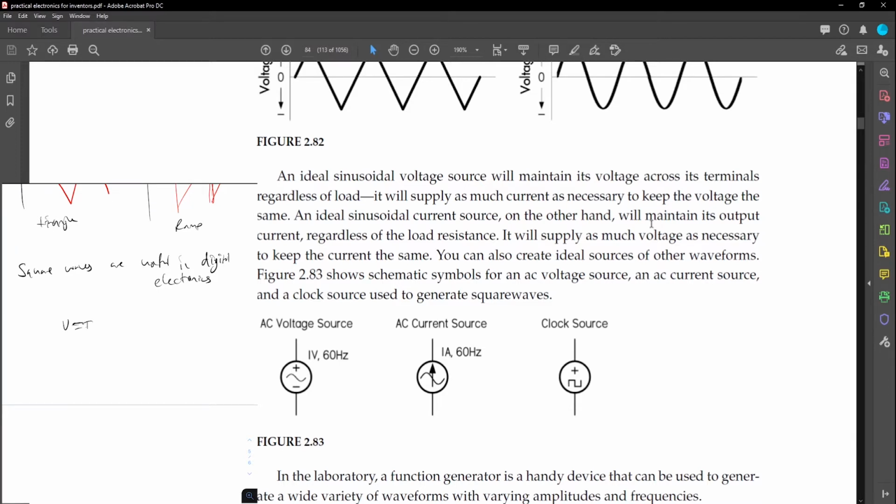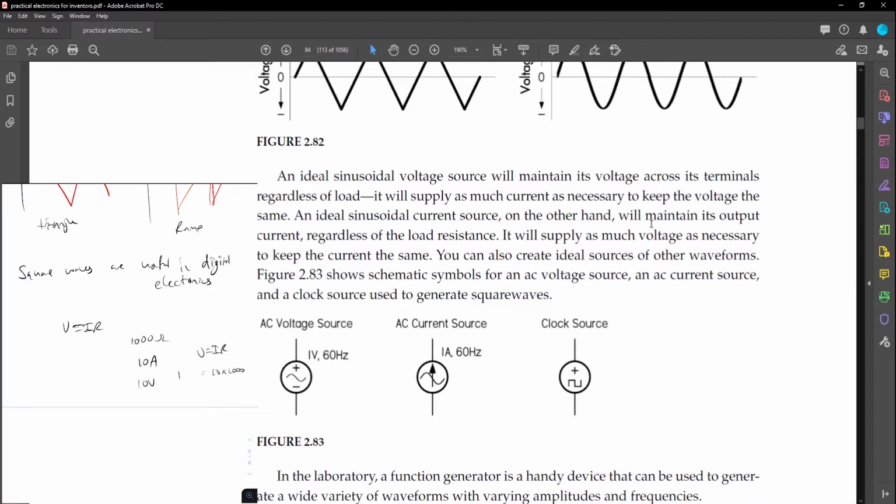Let's think about that. We've got V equals IR. If the load is 1000 ohms and you had 10 amps of current and 10 volts, then V equals IR, so 10 times 1000.